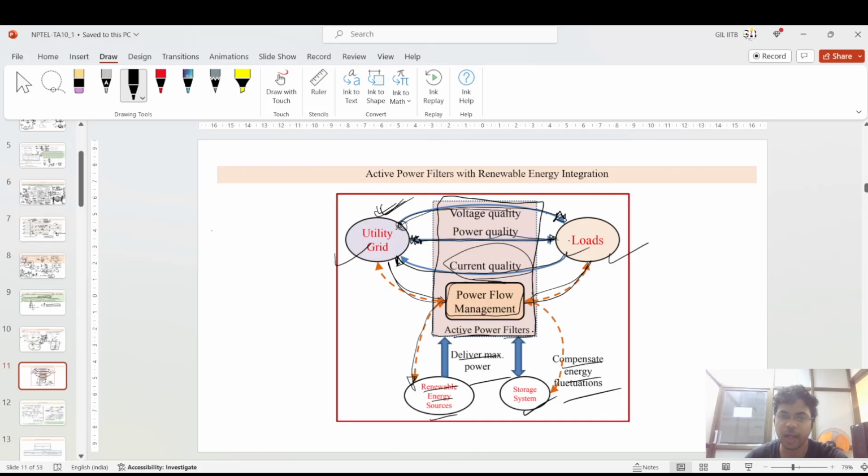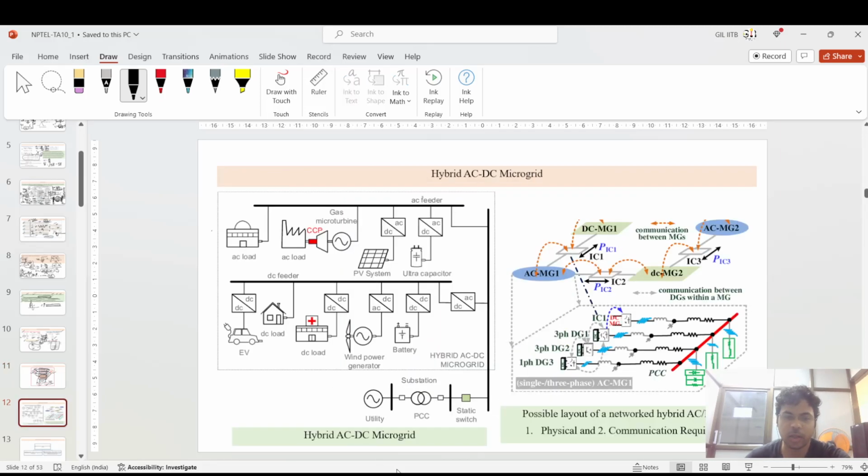So this active power filter can handle all the situations: power flow management, current quality, power quality, voltage quality, and it can also provide power flow management between the storage system, renewable energy sources, or between the utility grid and the load.